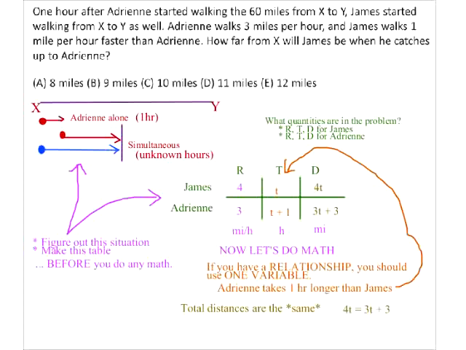If you solve that, you get t is 3 hours. You want James's distance, because that's what the problem asks you for. So that's going to be, from the table, 4t. So that's going to be 4 times 3, so 12. So this is one way to do the problem.